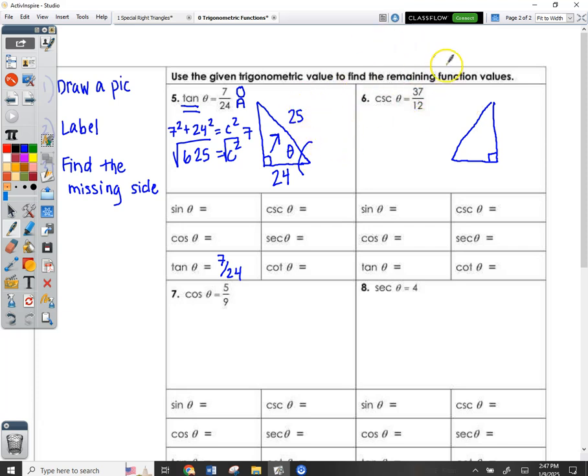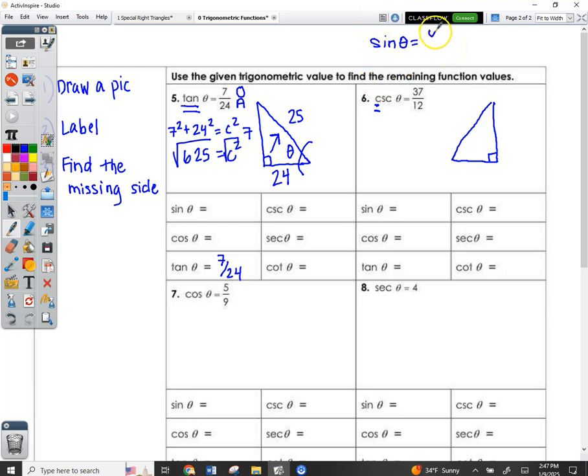So now, coming over here to this one, you would start this the same way by recognizing, okay, they didn't give me a picture, but they did give me one trig ratio. Cosecant, if you think back to what we talked about yesterday, starts with a C. This is the reciprocal function, and it starts with a C. So that means that I need the sine function formula, and then I just flip it to get the cosecant.